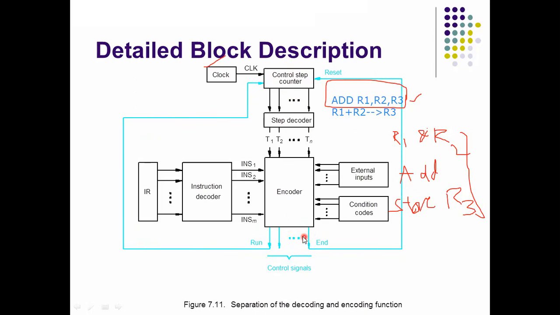So here some control signals are generated. What are the control signals? Some Zin and Zout control signals are also produced by this encoder. This counter may be used to keep track of the control steps. If you take any program, a number of instructions are there, and each instruction has some number of steps.